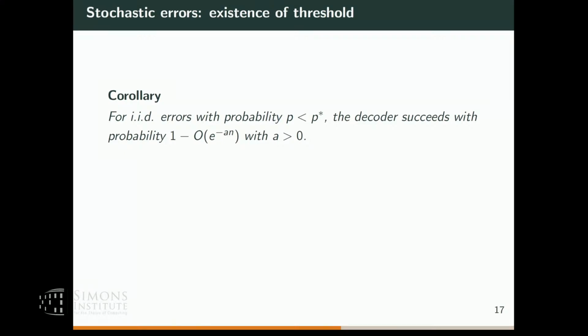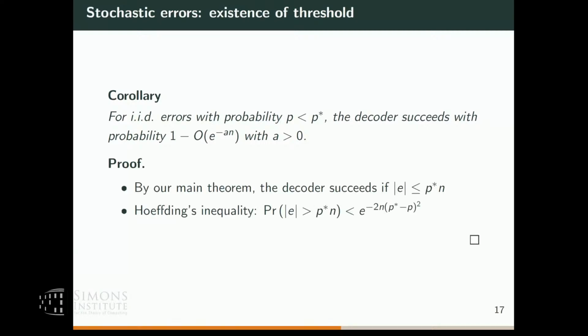Then the decoder is going to succeed with probability exponentially close to 1. And so it's kind of a 2-line proof. By the main theorem, the decoder is succeeding if the error weight is sufficiently small. And the distribution of the error weight is just some binomial distribution, and it's exponentially unlikely for it to be greater than this p star times n.